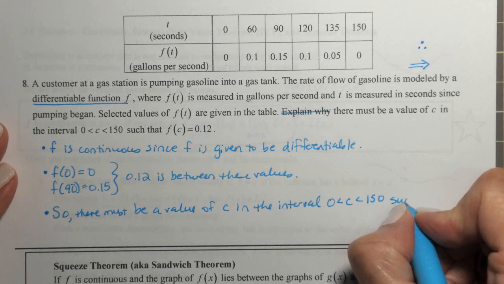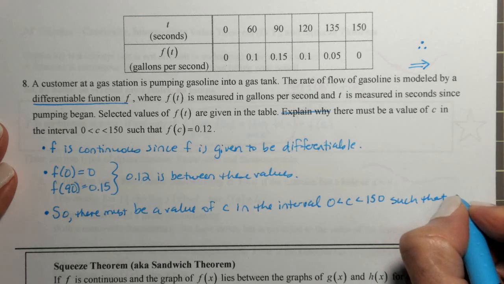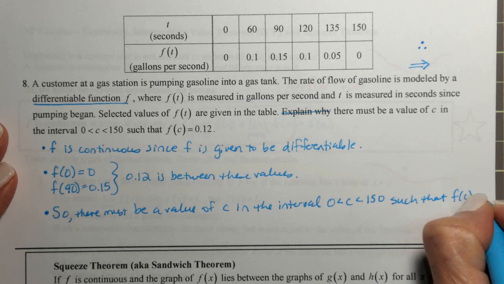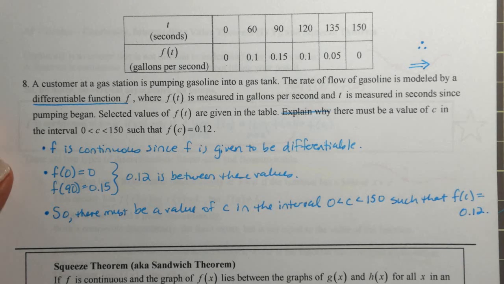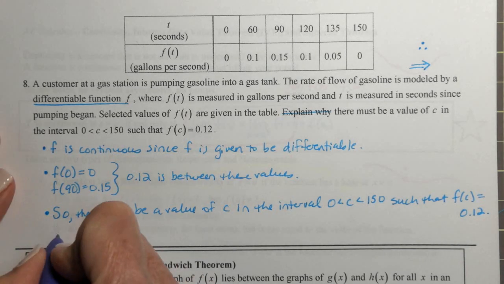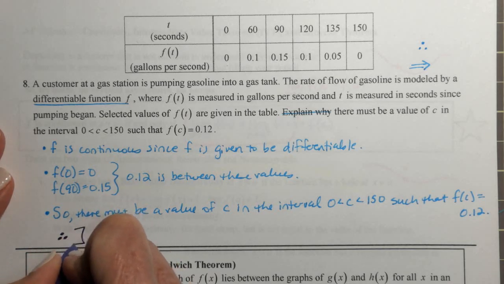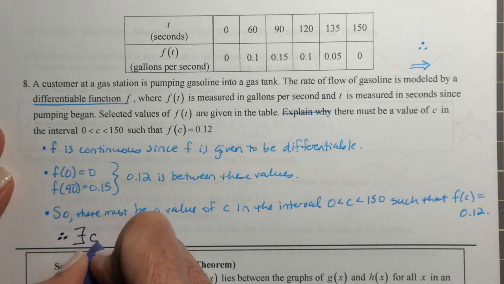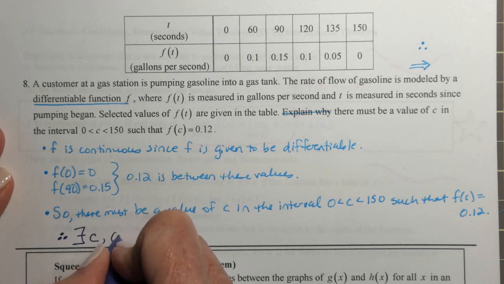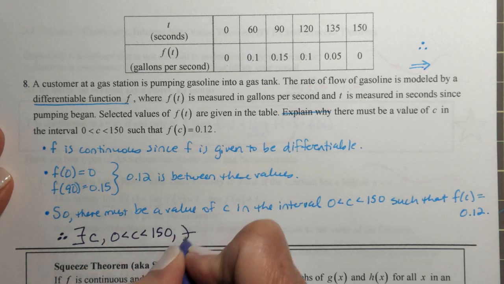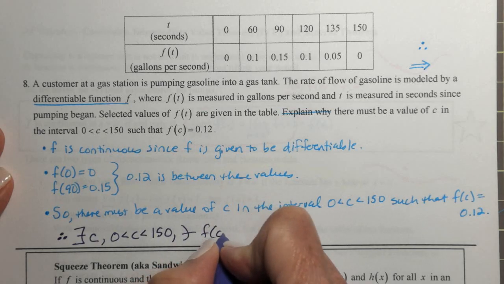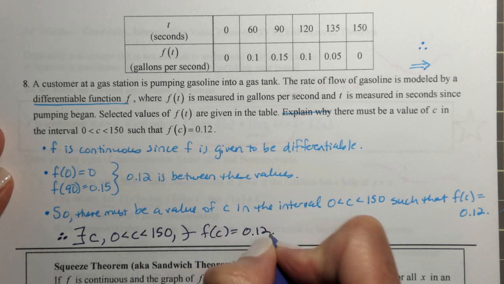Such that f of C is equal to 0.12. Okay? In the abbreviated way, I would say, so there must be a value of C in that interval such that f of C is 0.12.